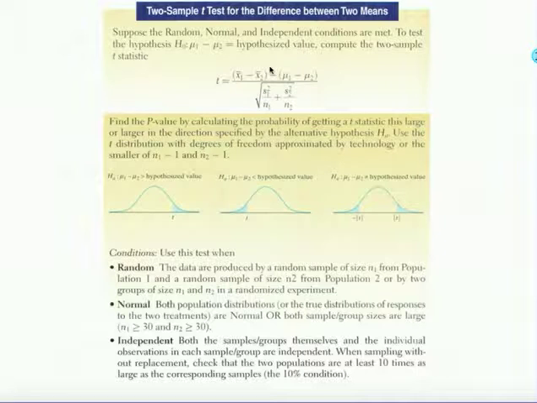Normal: both population distributions or the true distributions of responses to the two treatments are normal, or both sample group sizes are large, so they both have to be 30 or greater. Independent: both the samples and groups themselves and the individual observations in each group or sample are independent. When sampling without replacement, check that the two populations are at least 10 times as large as the corresponding samples, and that would be your 10% condition.